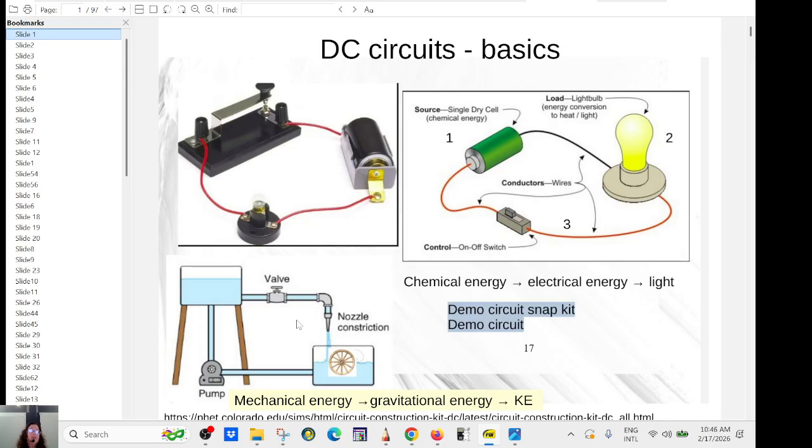So in any circuit, it will be like a hydraulic system. In a hydraulic system, you have a pump, right? That pump is going to do work on water. It's going to increase the potential energy of water, and that potential energy will turn into kinetic energy.